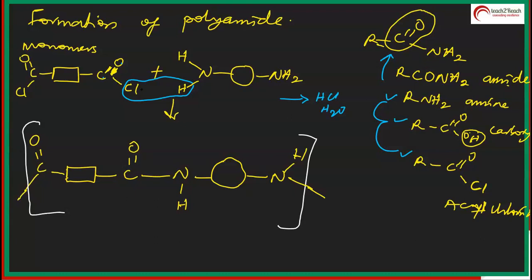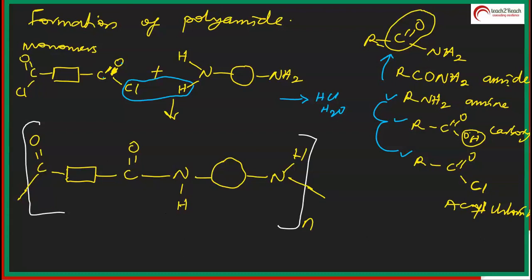So now if I put my n here, I have my polymer, because this n tells me that what is in the square bracket repeats itself. My repeating unit is just everything inside the bracket, the unit that repeats itself.